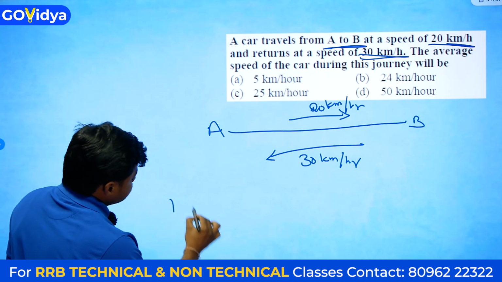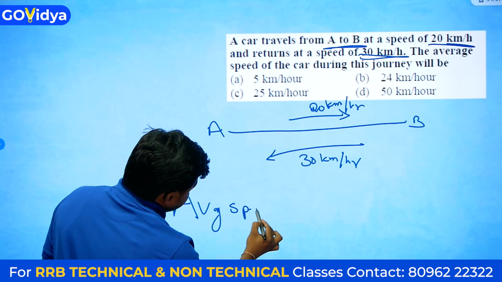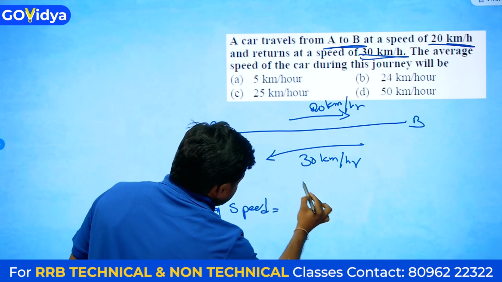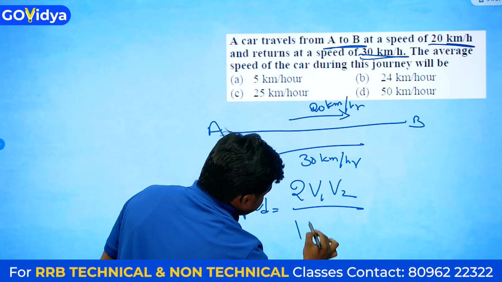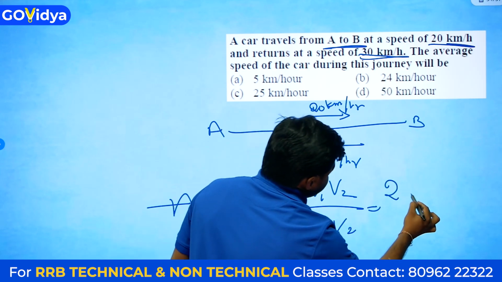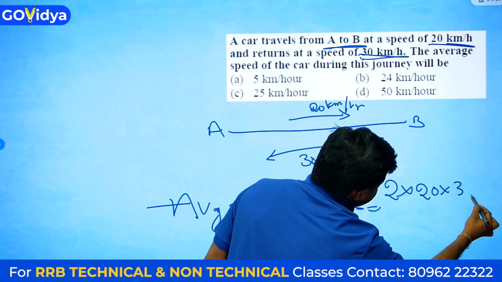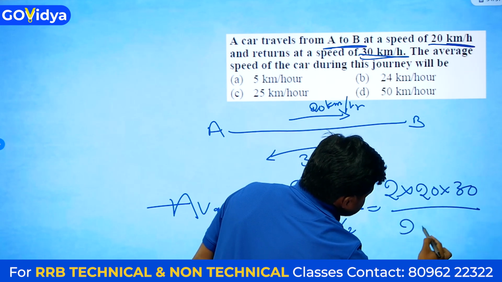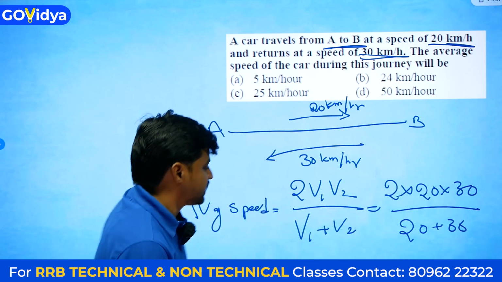Average speed is equal to 2 v1 v2 by v1 plus v2. 2 into 20 into 30 by 20 plus 30.